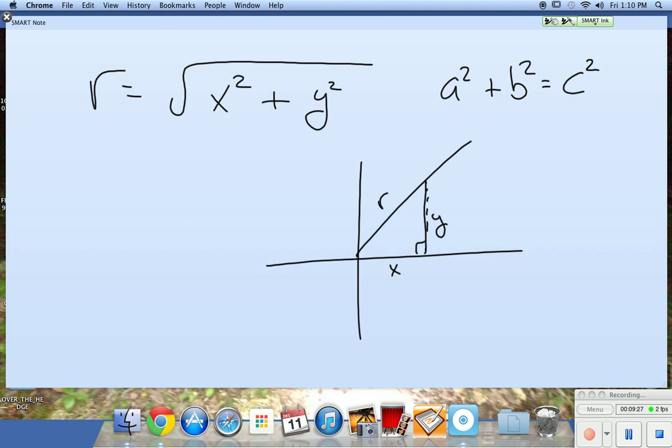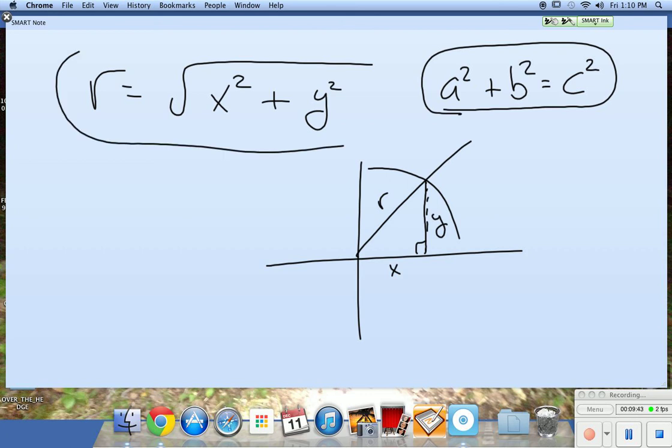This would be like a radius if this is a circle. This is what we're going to start getting into. The similarity of the Pythagorean theorem is where they get this from. So we can derive what we're doing.